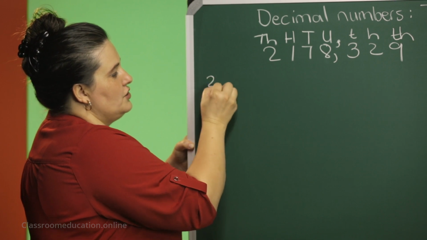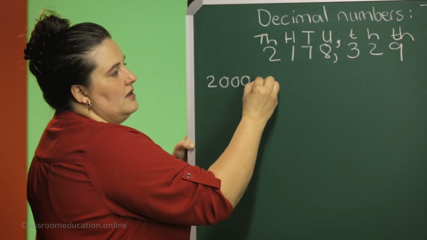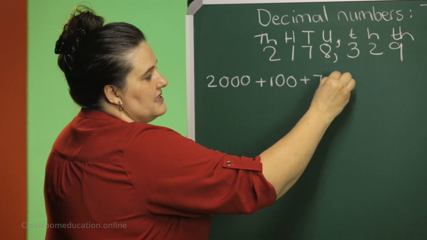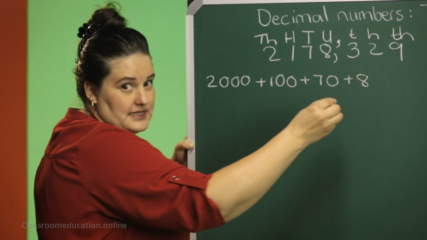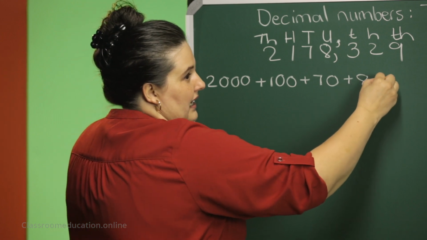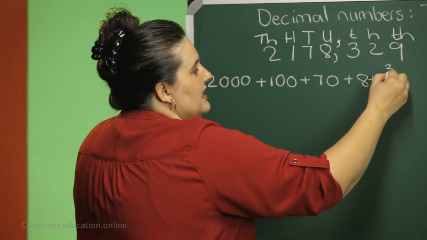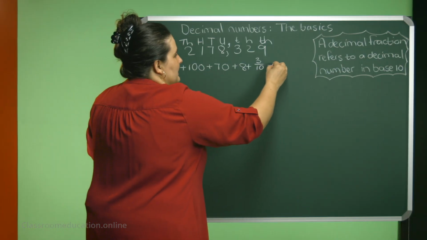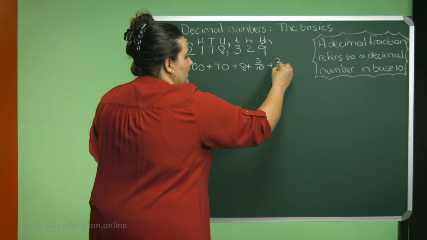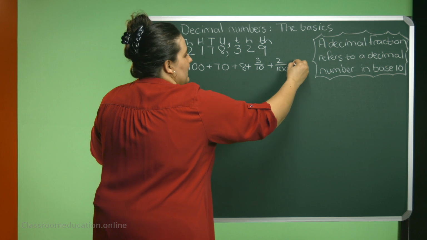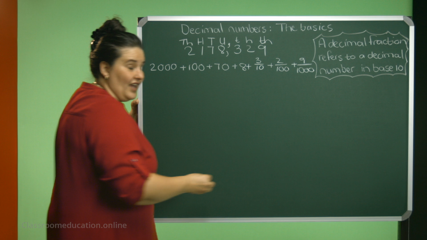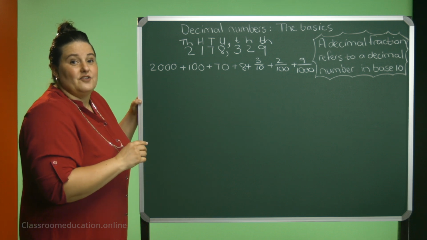I can say 2000 plus 100 plus 70 plus 8, and then plus 3/10ths, plus 2/100ths, plus 9/1000ths. Okay, or I can write it as follows.